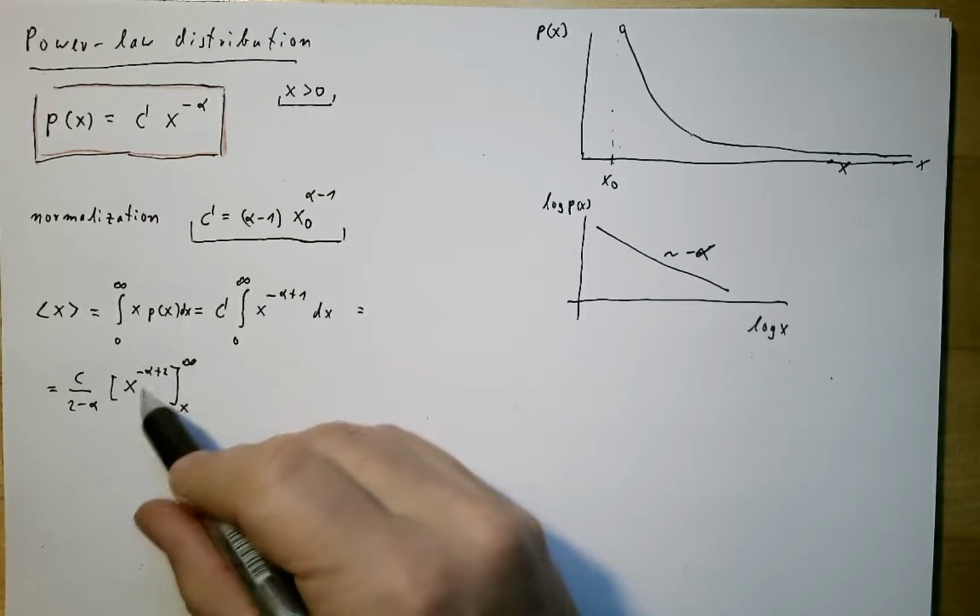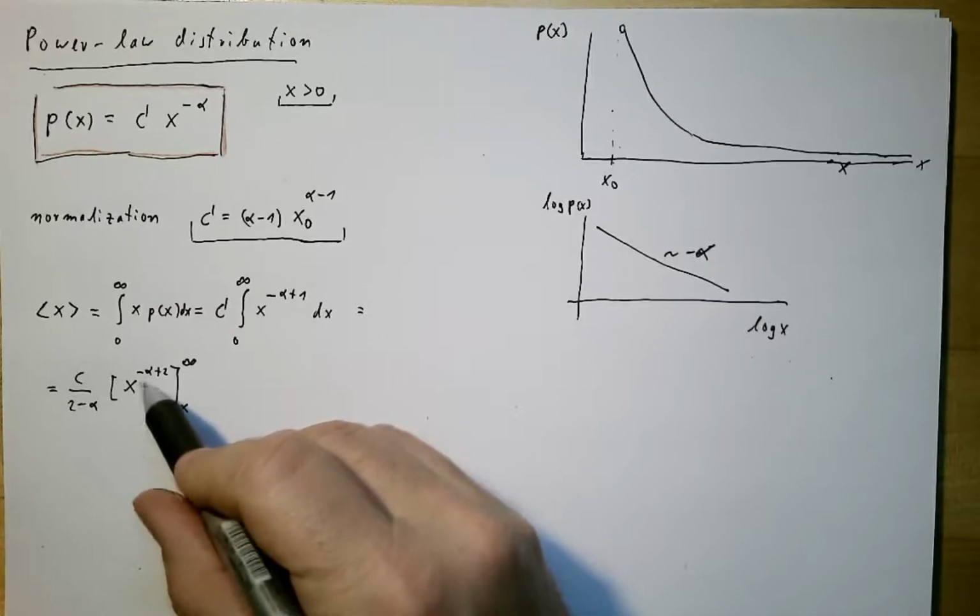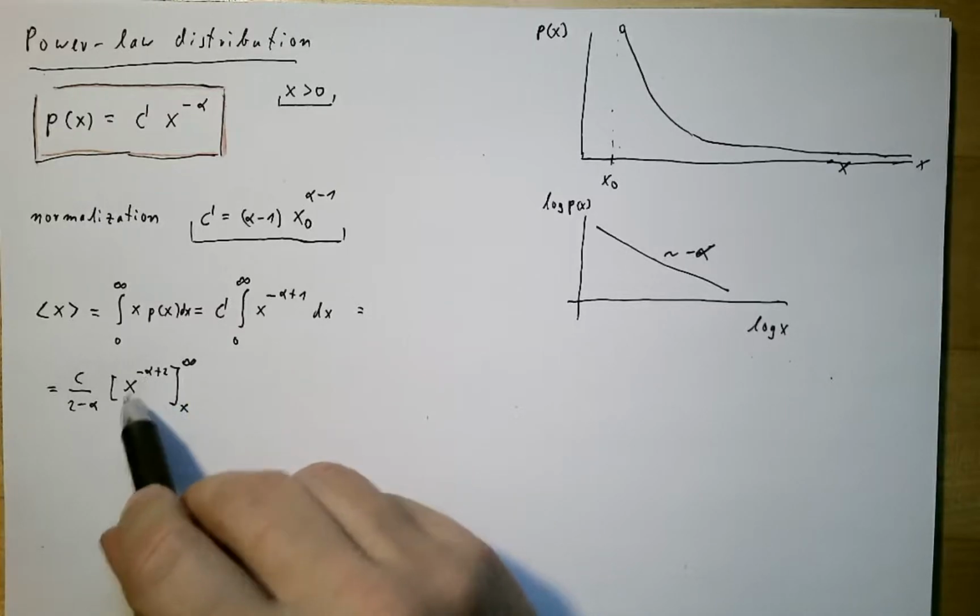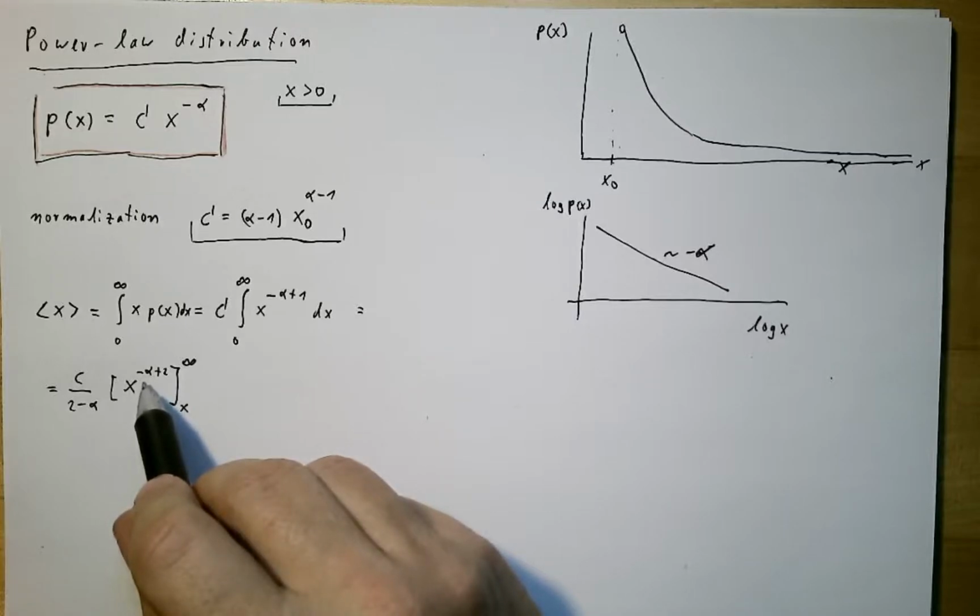Now you see, if alpha is smaller than 2, this would diverge.